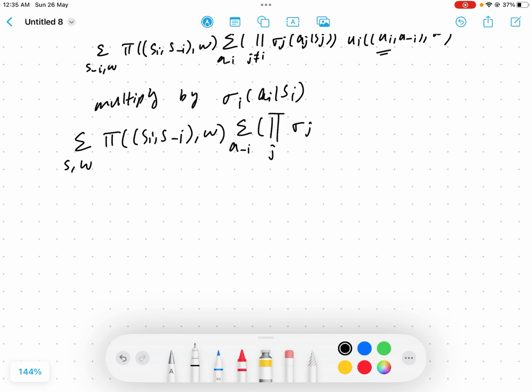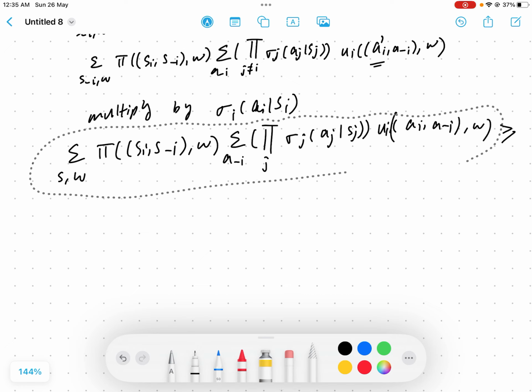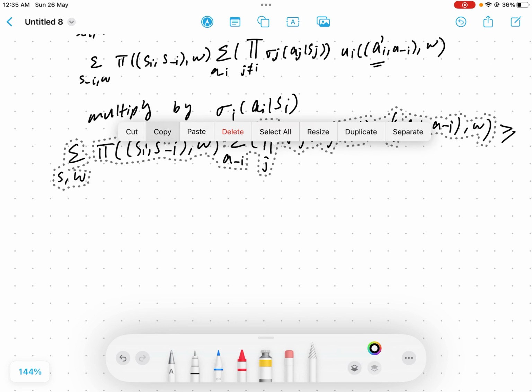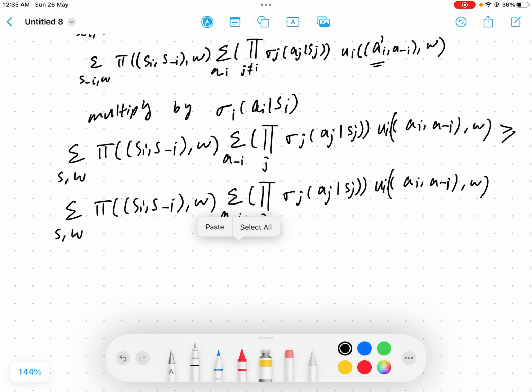And j, s_j, u_i(a_i, a_minus_i, omega). And of course, we can copy and paste and just add a prime. That's pretty simple. Prime here. This term.